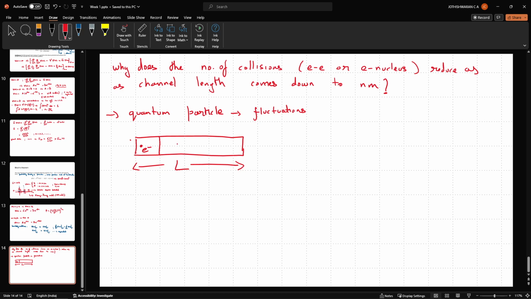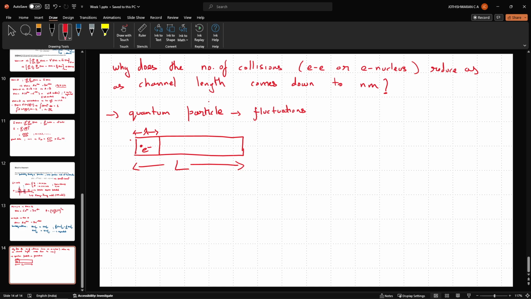So on an average, every electron will encounter at least one other electron or a nucleus if it has traveled this distance. Let me call this distance lambda.